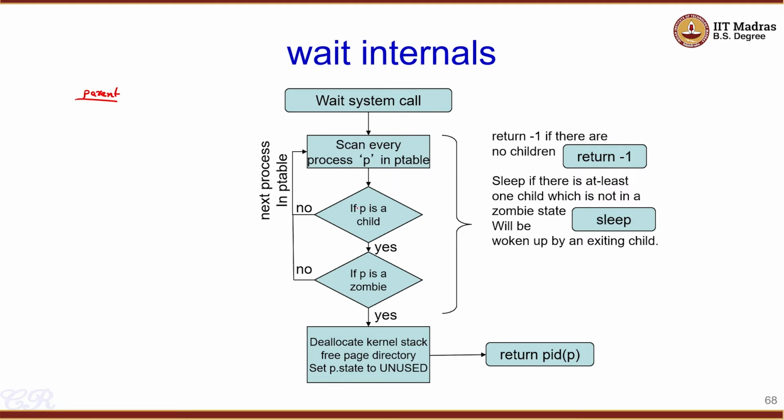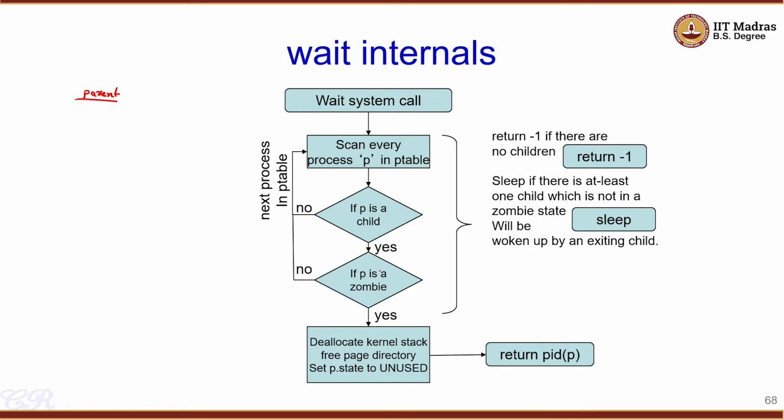Now, if it has identified a child process, it would next identify if this child process is a zombie, right? A child process that is a zombie essentially means that the process has terminated and is waiting to be reaped.